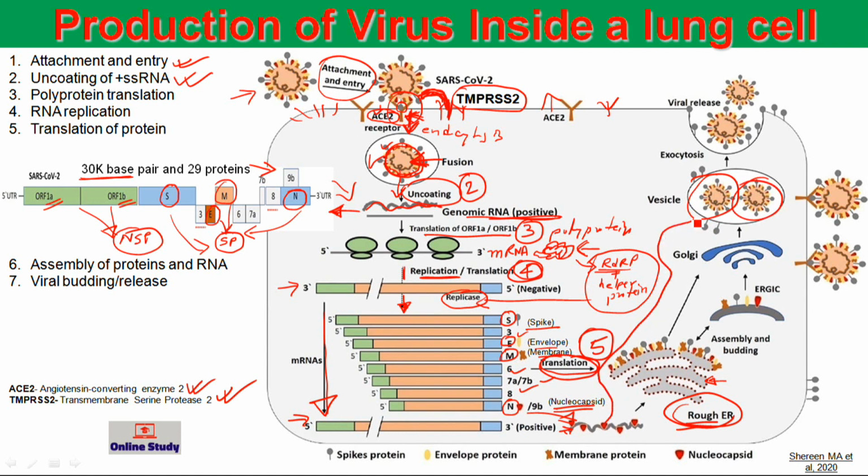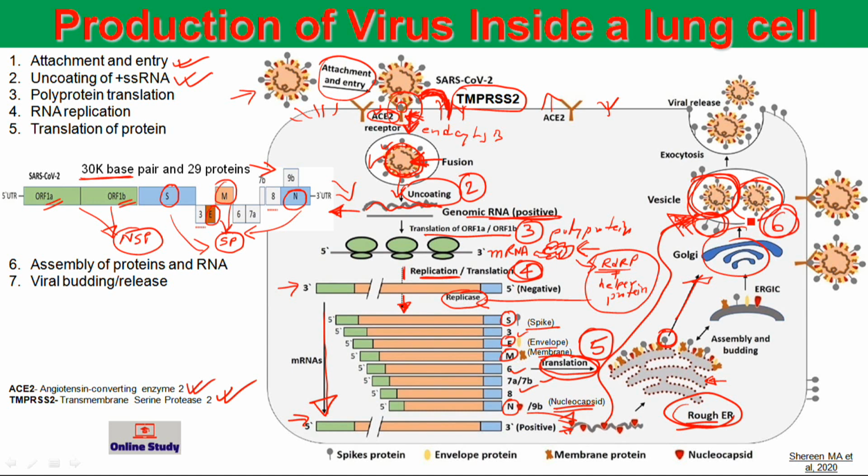These structural proteins are transported by the Golgi apparatus, and especially the spike protein helps to assemble the structural proteins with its single-stranded RNA. So that's how they finish the sixth step, the assembly of proteins and RNA.